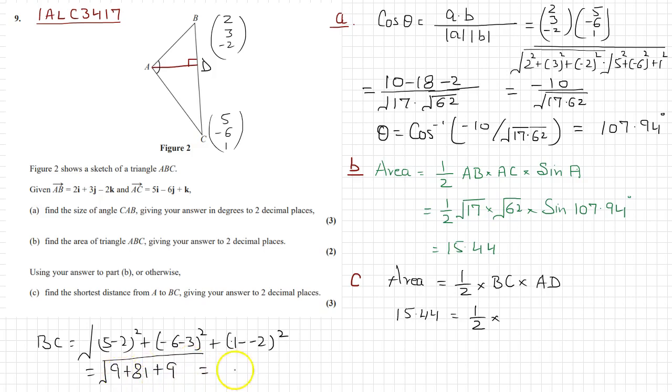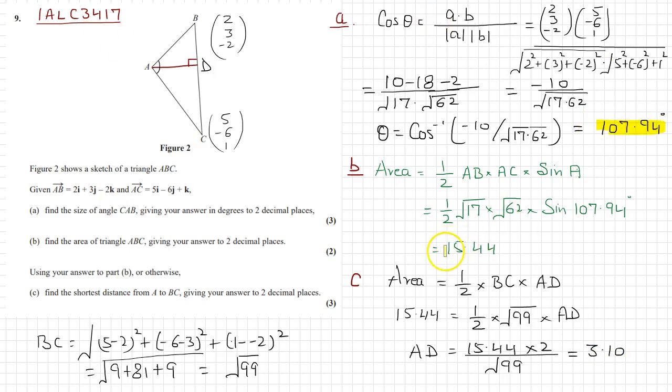So that will be 99. So BC is root 99 multiply AD. So the shorter distance AD is equal to 15.44 multiply 2 divided by root 99, and that is equal to, to 2 decimal places, 3.10. So that is the answer of this question. So this is the first part, second part and third part.